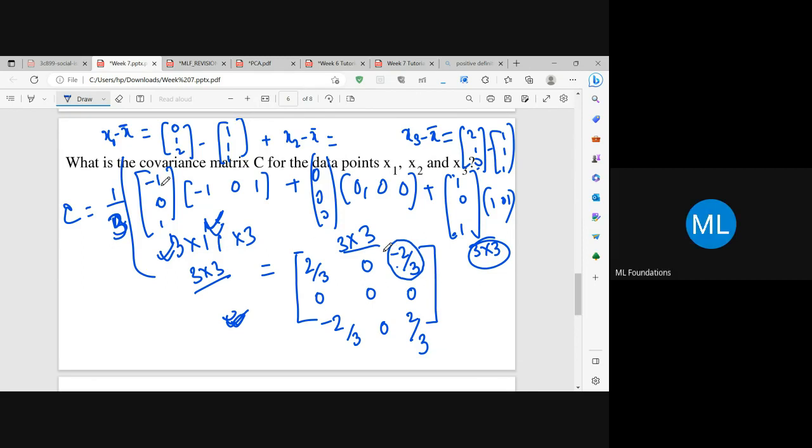Okay, so this is minus 1. Okay, no. This is -1 now. So that is correct. No, it should not be -1 and then -1. This is -2 and then we have 1/3. So -2 into 1/3. So this should be -2/3.